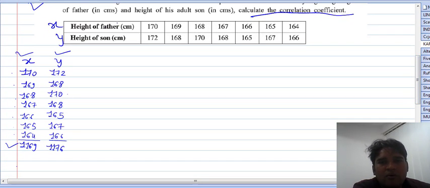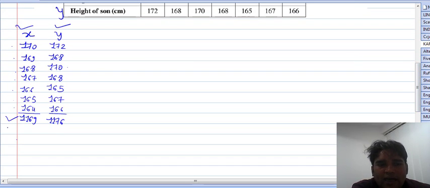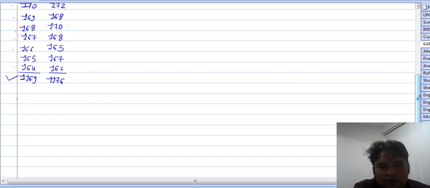Now what you have to do is copy these two columns, x and y, in your notebook and write them vertically. Now you have to take the total of x, that means sigma x is 1169, and the total of y, that means sigma y is 1176. Now first you have to find x bar.